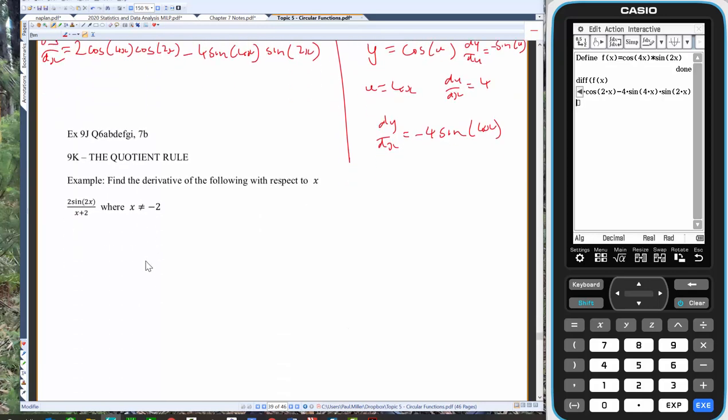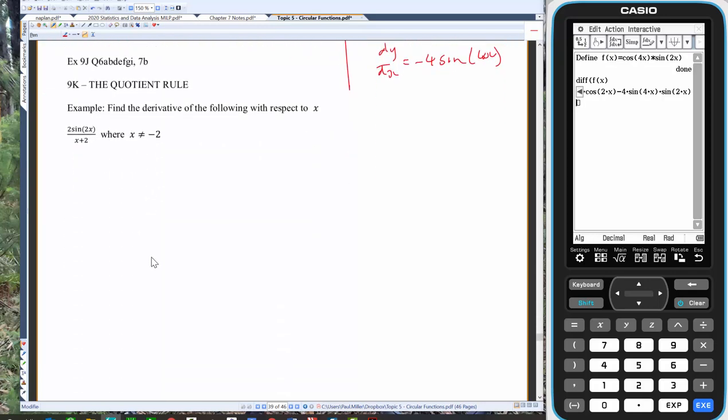On to the quotient rule. The quotient rule is used when we've got one function being divided by another function. Take this function, say y equals 2 sine 2x over x plus 2.